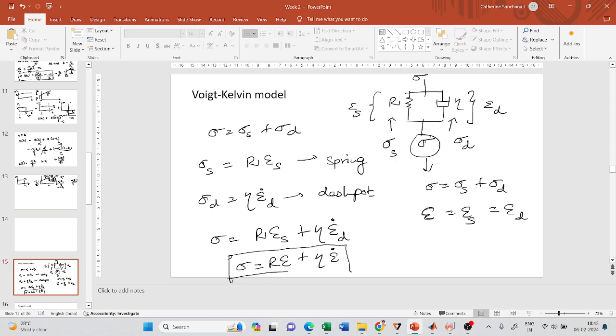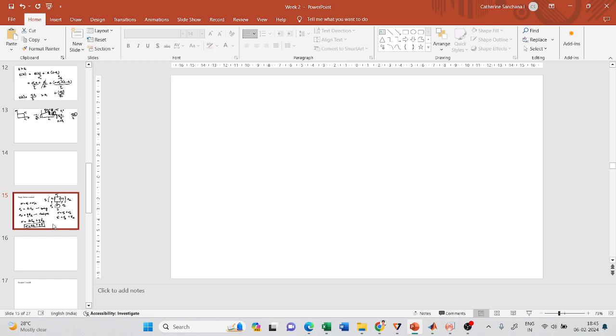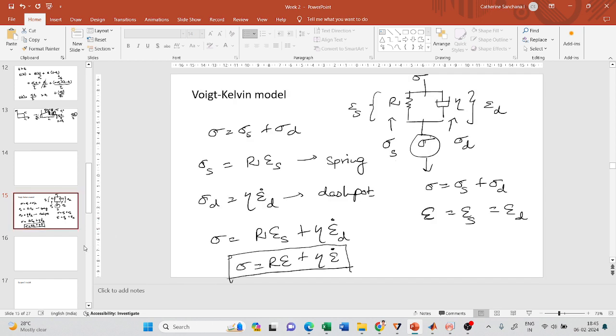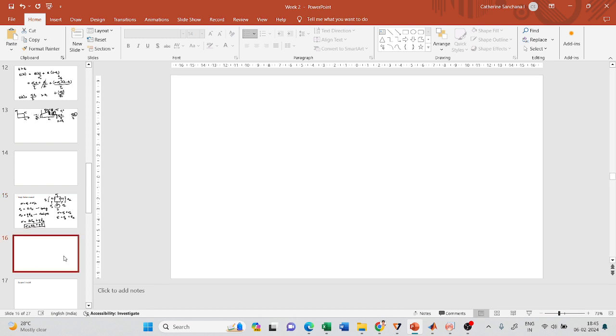If you notice, there is one thing common in the spring, the Maxwell and the Kelvin model. Both the equations will have, on either side of the equal sign, some constant times the stress, and on the other side some constant times the strain plus some constant times strain dot. Similarly, I can add any number of derivatives as I want, maybe 3, 4.